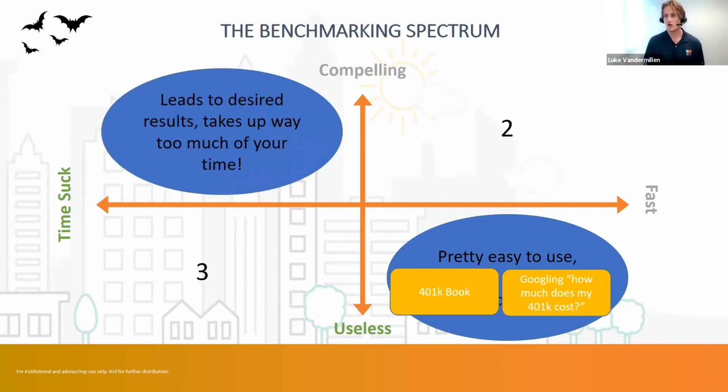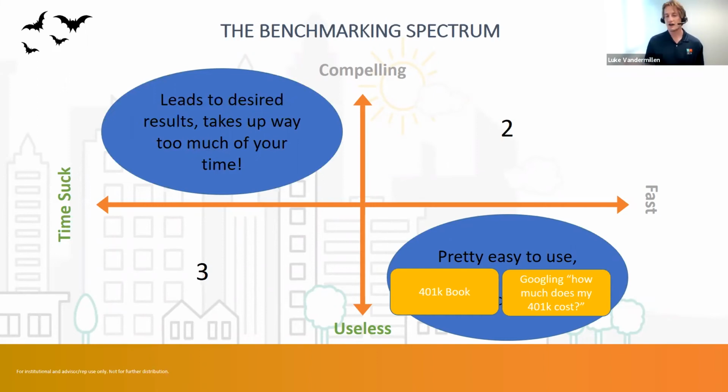Then in the top left quadrant, in an inverse role, we have reports that lead to the desired results that we're looking for, but they take too much of an advisor's time. We here at PlanFees put a huge emphasis on efficiency with advisors servicing their book of business.